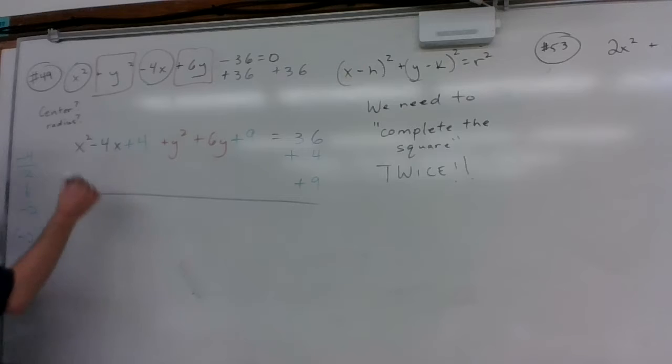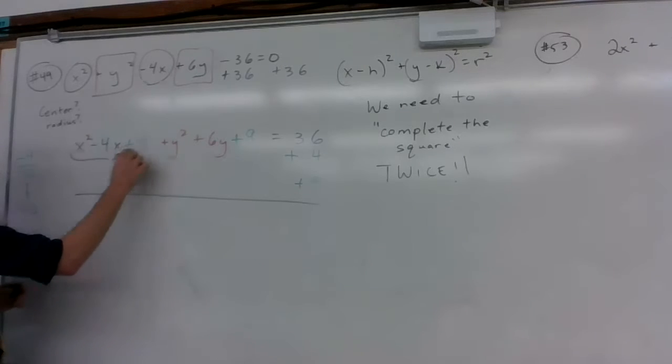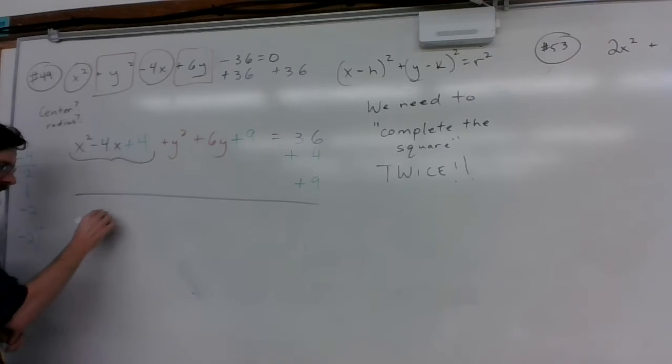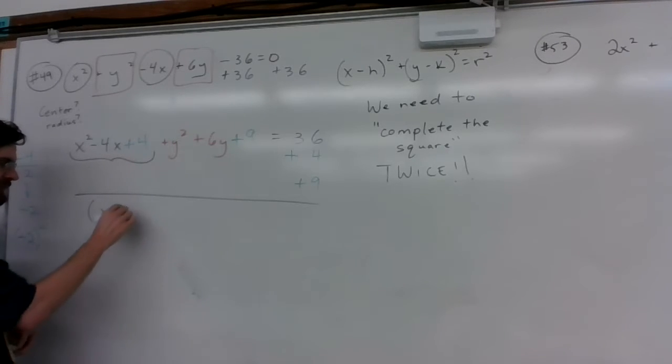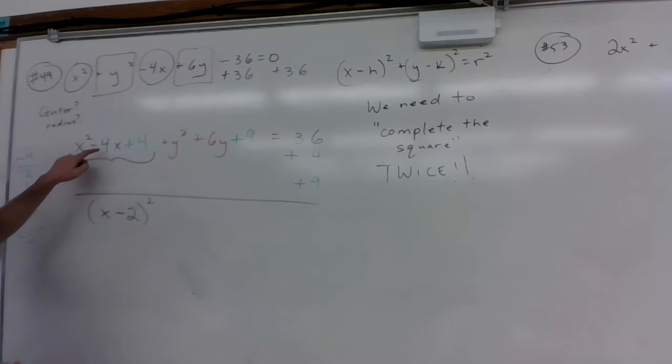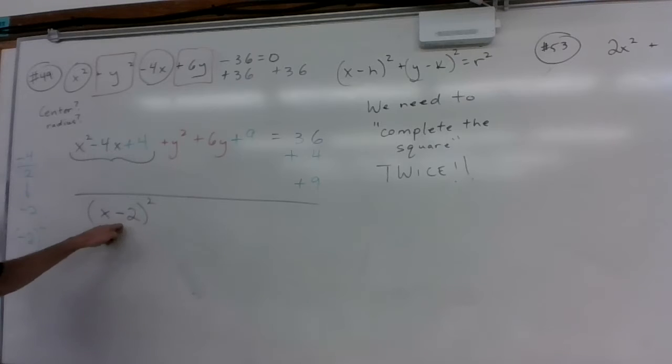But here's the deal. X squared minus 4x plus 4. The shortcut to factoring is it's just going to be x minus 2 squared. All right? It's always that middle number divided by 2 squared.